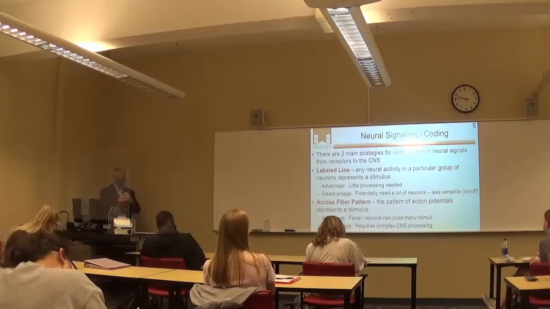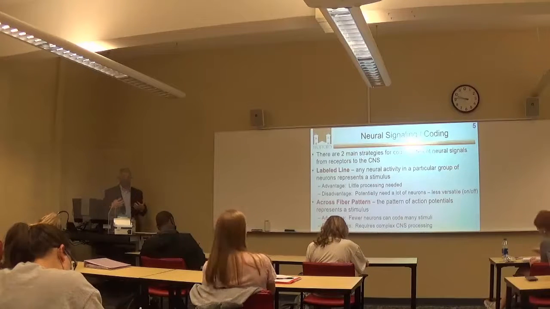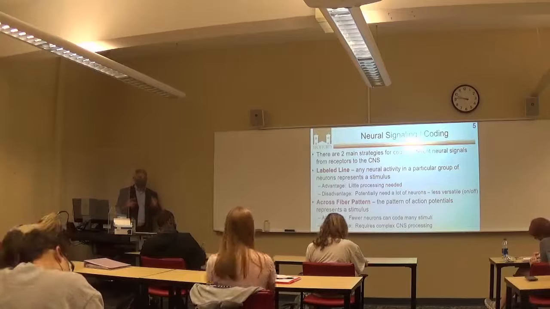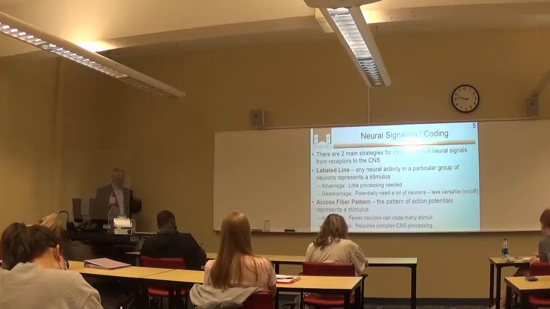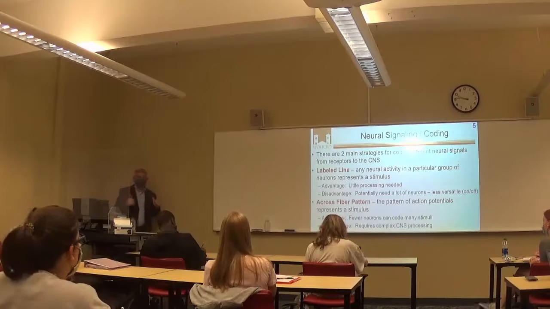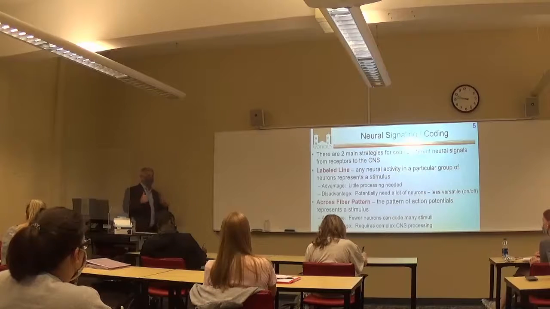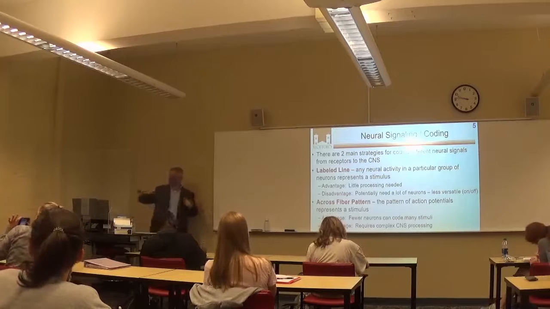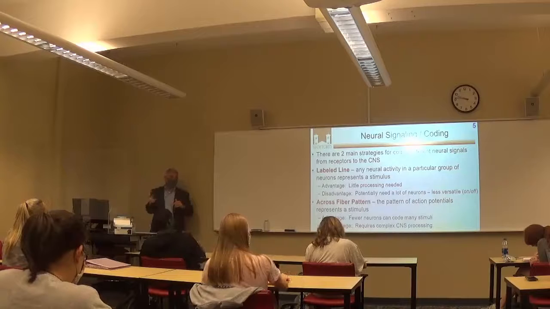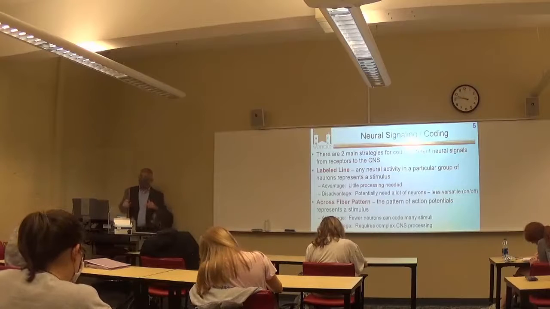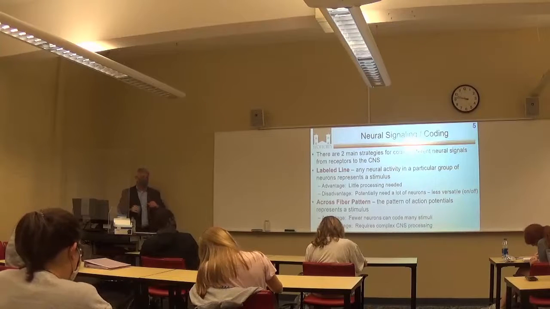So it requires more processing power in the brain. Questions about label line and cross-fiber pattern? I'll give you a spoiler alert: most sensory systems use both. So here's an example of taste, where we see sweet represented by label line, and those other 3 represented by cross-fiber.